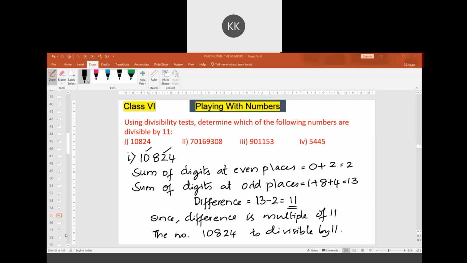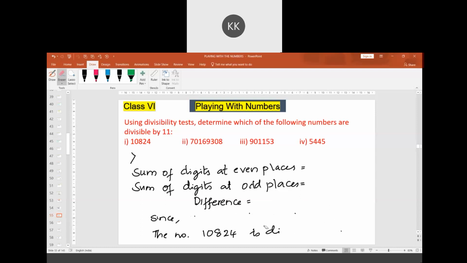Let's check this. I will just remove certain things from here. This first one I'll make the second one. You have to write completely. Let me write the sum of the digits at even place and the odd place. First, let me write the question here.